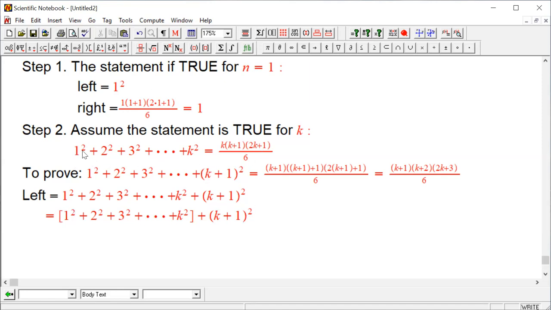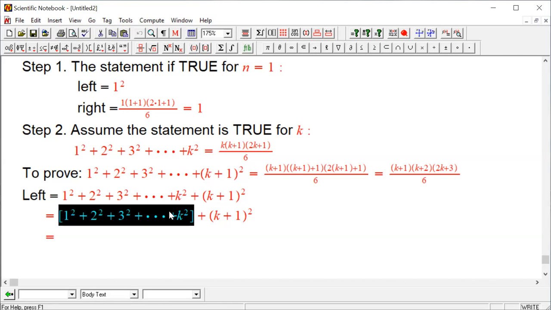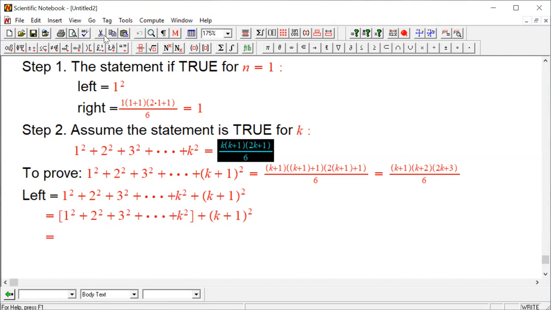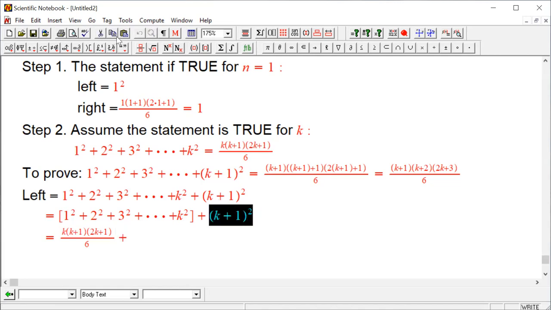The assumed says 1 squared plus 2 squared plus all the way to k squared is this piece. So we're going to replace everything inside the bracket by the assumed equal, and plus k plus 1 squared.